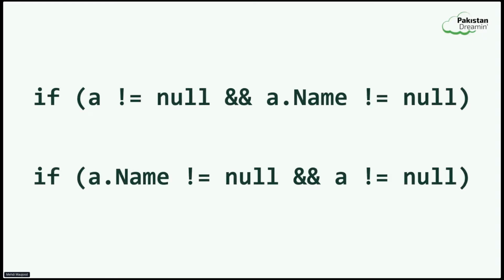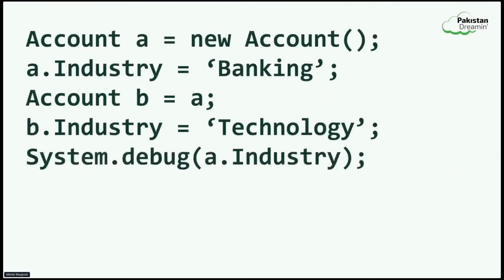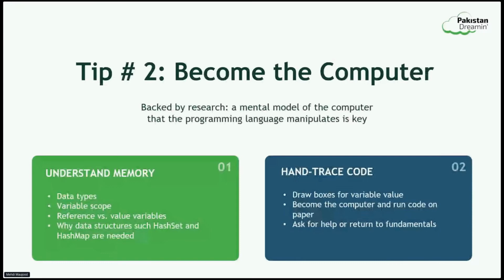And the way compilers or interpreters behave is, this is an AND statement. If the first statement turns out false, it wouldn't even attempt to evaluate the second one. And that's why if A is null, it would never even attempt to evaluate A dot name. So this is why we always use the first example. Yes, thank you.